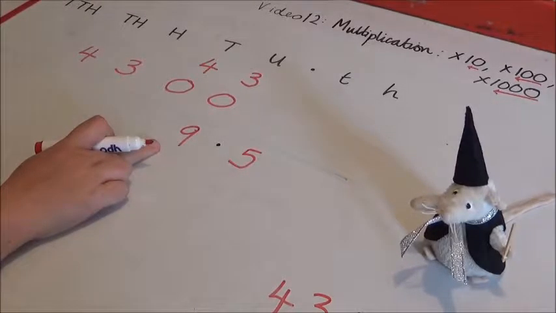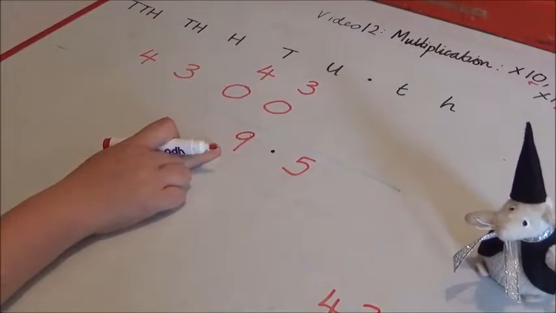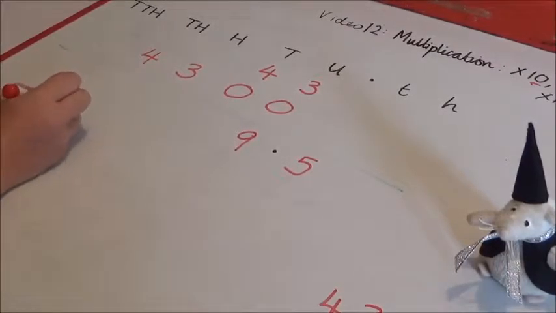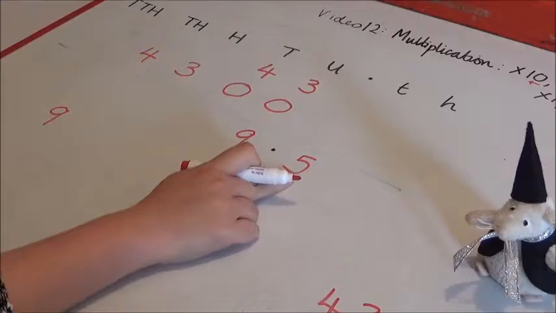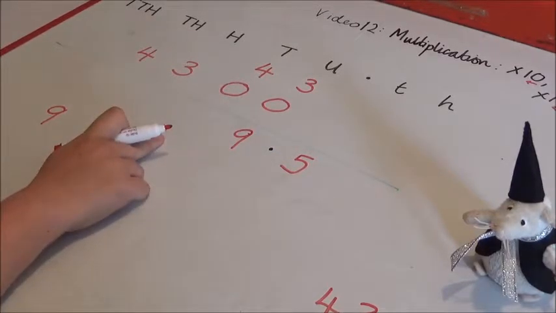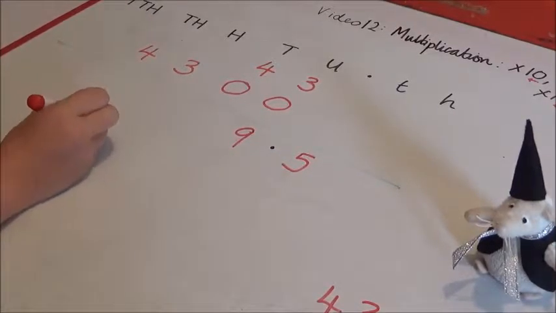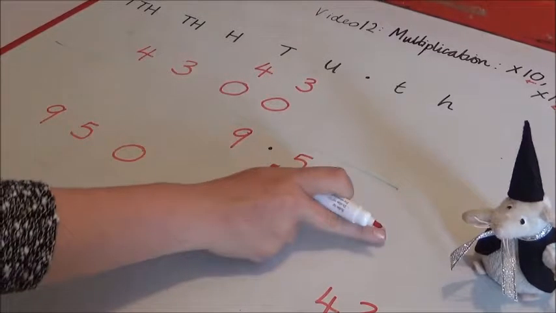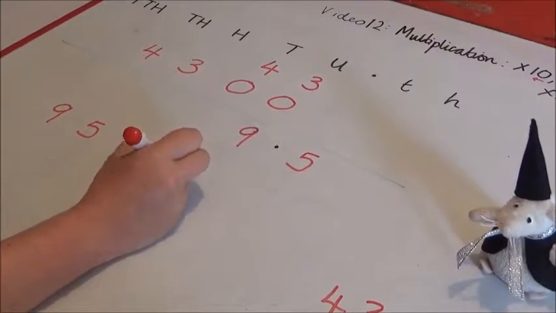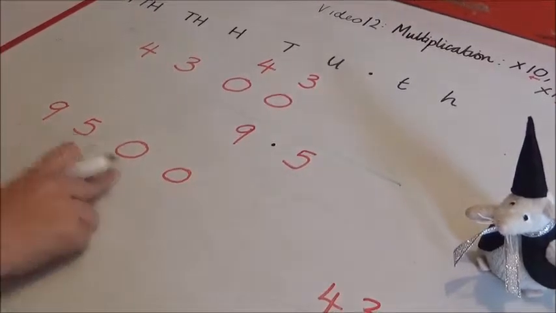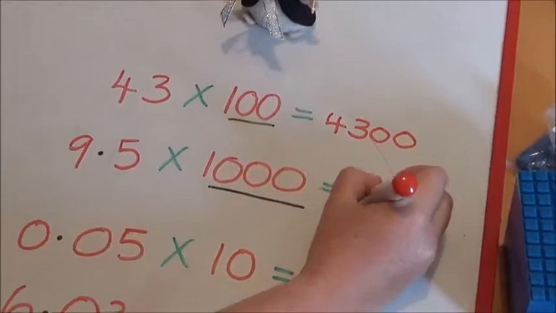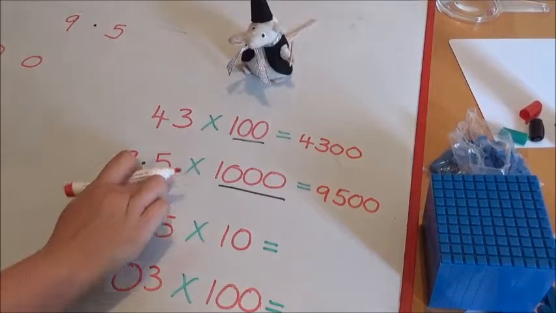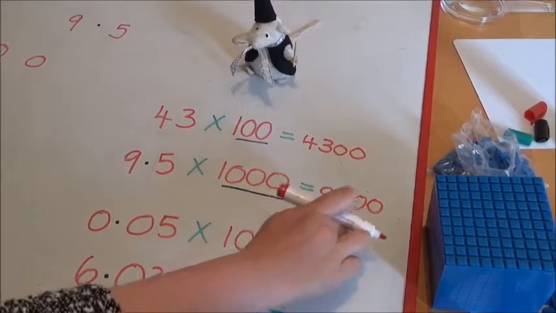Moving it up 3 places, so the unit doesn't go into the tens, doesn't go into the hundreds, but goes into the thousands. The tenths doesn't go in the units, doesn't go in the tens, but goes in the hundreds. I've got no hundredths, so no tens, and no thousandths, so I've got no units. So my answer is 9,500. 9.5 times 1,000 is 9,500.